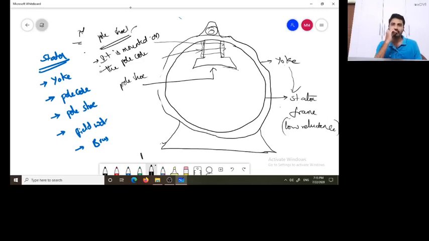Why is it bent like a shoe? In order to distribute a uniform air gap.